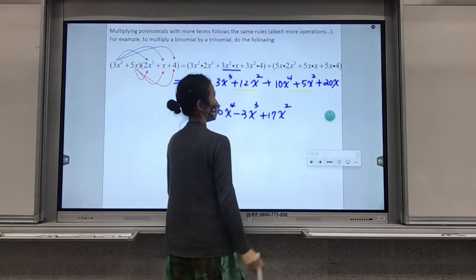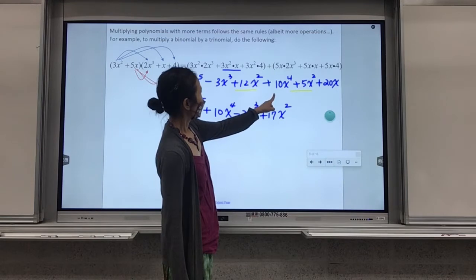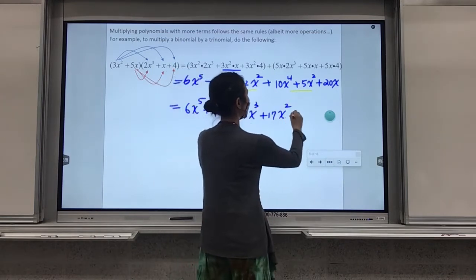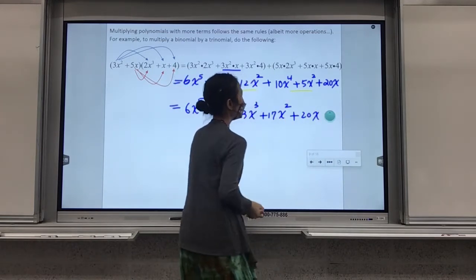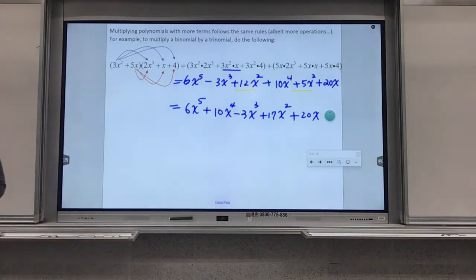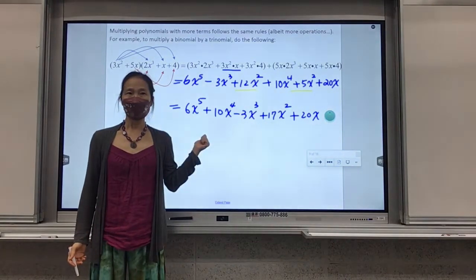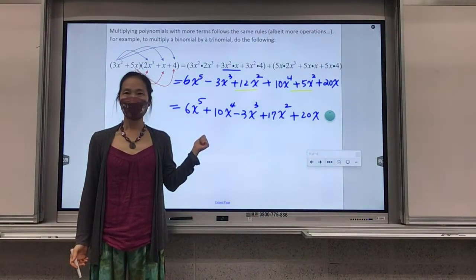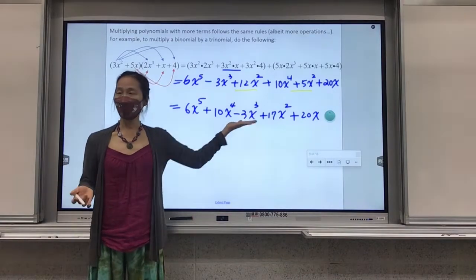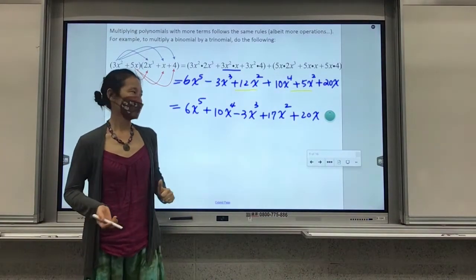Finally, what is the leading coefficient? 6. What is the degree of the polynomial? That's good.